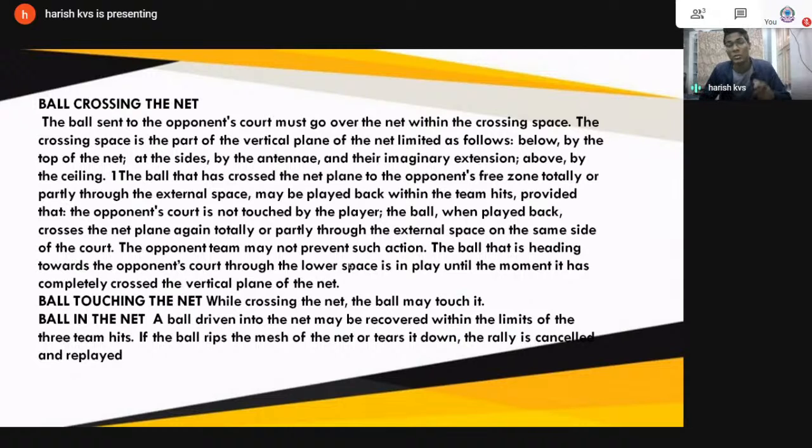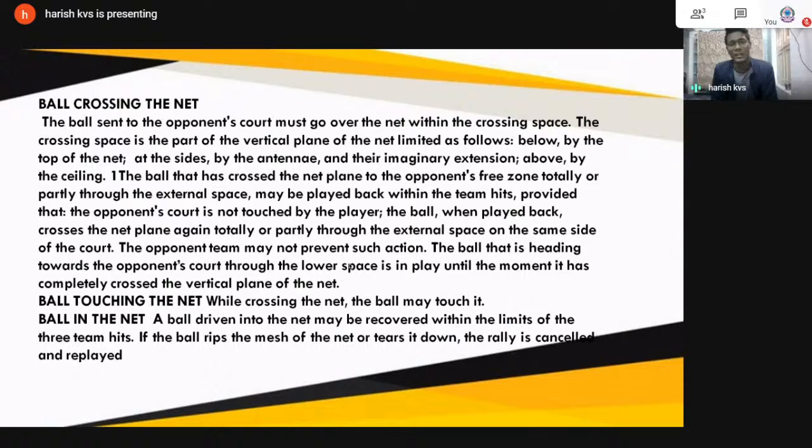Ball in the net. A ball driven into the net may be recovered within the limits of the three hits of the team. You can see that if a rally is going on and a ball is driven into the net by a team, within those three chances, if a pass is made and it hits the net, the team still has two more chances to make sure the ball can reach the other side of the opponent's court.